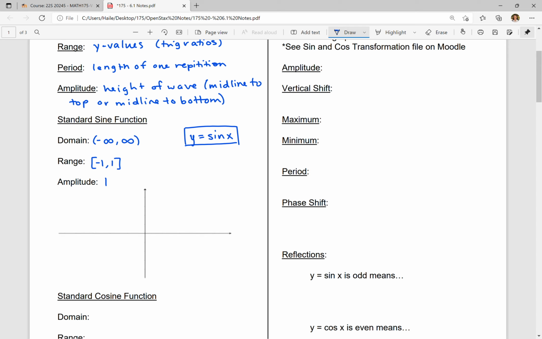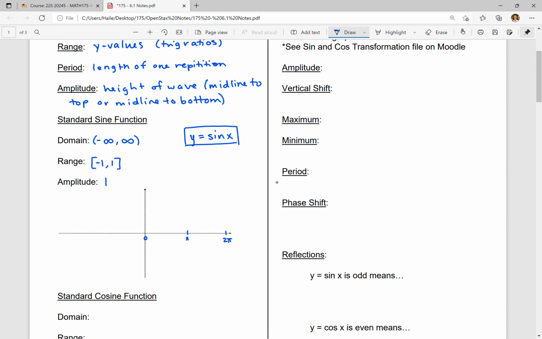Okay, let's draw what the standard sine function looks like. When we draw this, we start by labeling our x and y axes. The way we're going to label the x-axis is to draw 4 tick marks along the axis. We start at 0, then draw one all the way out here and label it 2 pi.